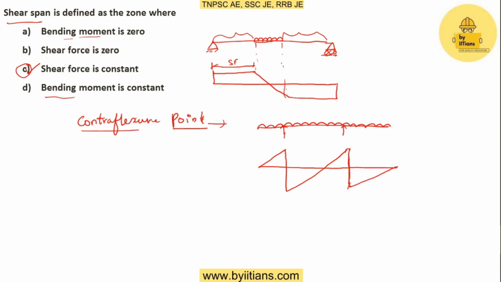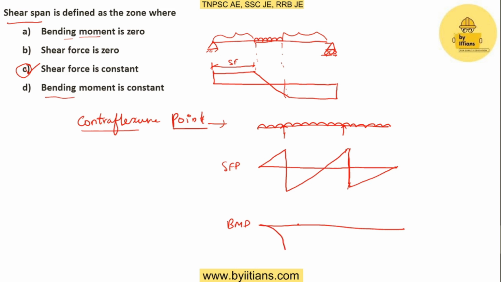But for the contraflexure point, the SFD will not play any role, but the bending moment diagram, BMD, will. The bending moment diagram for this support condition and this loading will be like this.